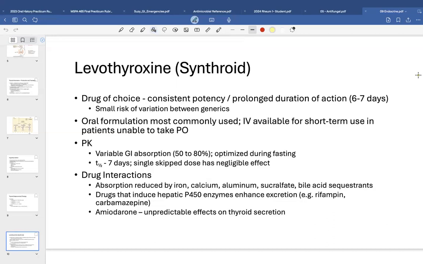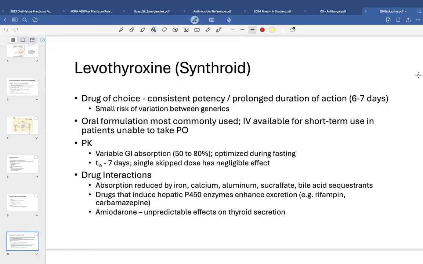In most institutional settings, you'll see them give it like an hour before breakfast, first thing in the morning, 6 a.m., 7 a.m., to get the optimal absorption. But really the important thing is consistency. So when patients are taking it at home, they take the same amount under the same food and fasting conditions. But once you're at steady state, you have a long half-life, and any single skipped dose is not really going to be a big deal.